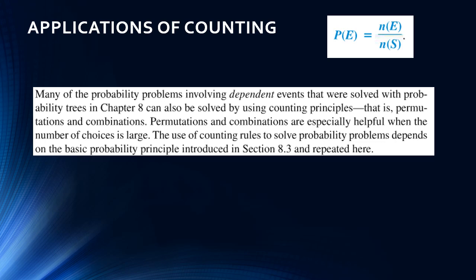Remember that the probability of any event E is the number of outcomes possible in E, divided by the total number of outcomes in the sample space. So this is, again, our basic probability formula.